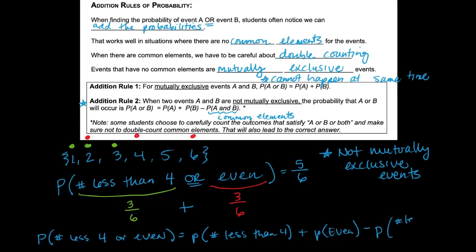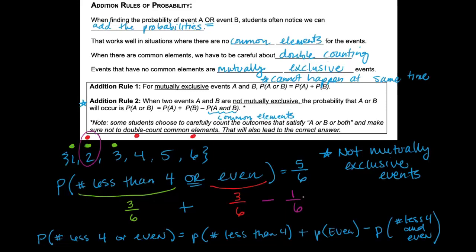So number less than 4 and even. So let's look up here. I've got my number less than 4. The probability of that happening is 3/6. The probability of getting an even number is 3/6. And then the probability of having a number less than 4 and even, well, there's only one of those, and that's 2. So I'm going to say minus 1/6.